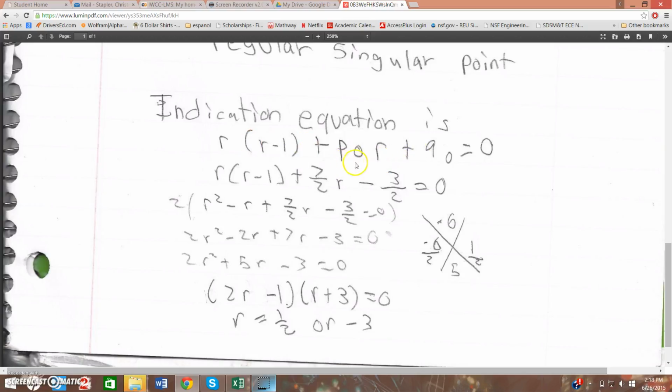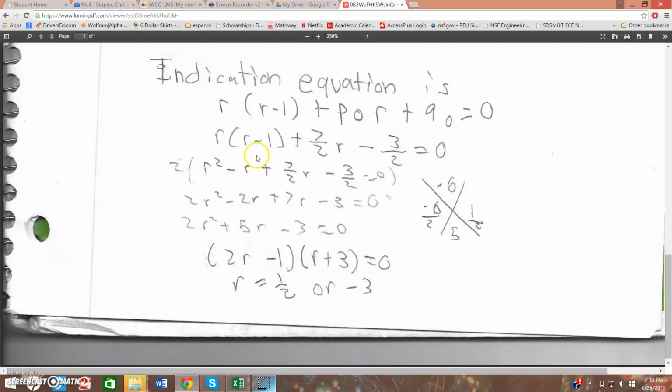So I plug in my p naught and my q naught into this equation, and then I just solve, and I get an equation which I could factor, and I am left with r equals 1/2 or negative 3, and that's the answer for the exponents.